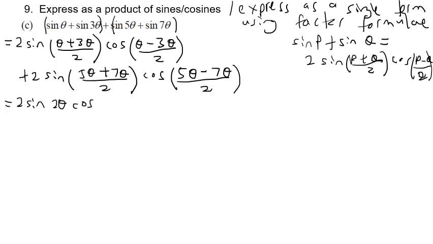So negative 2 theta over 2 is cos negative theta, plus, so the second one, 2 sine 5 plus 7 is 12, so 12 over 2 is 6 theta, and then cos 5 minus 7 is negative 2. So negative 2 over 2 is negative theta.